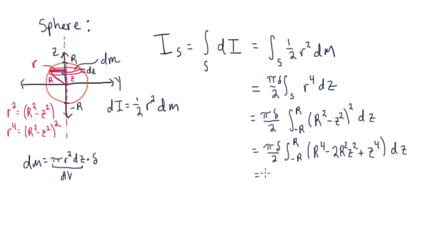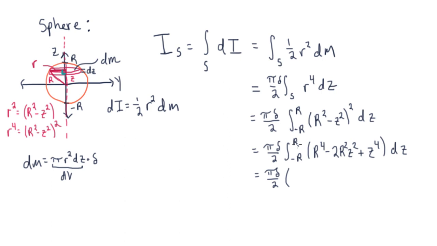Okay, let's go ahead and take an antiderivative. So here I'm going to try to skip a couple steps. I don't like doing this, but it's going to help. So here we're just going to pick up a z, and I'm going to evaluate from R to minus R.